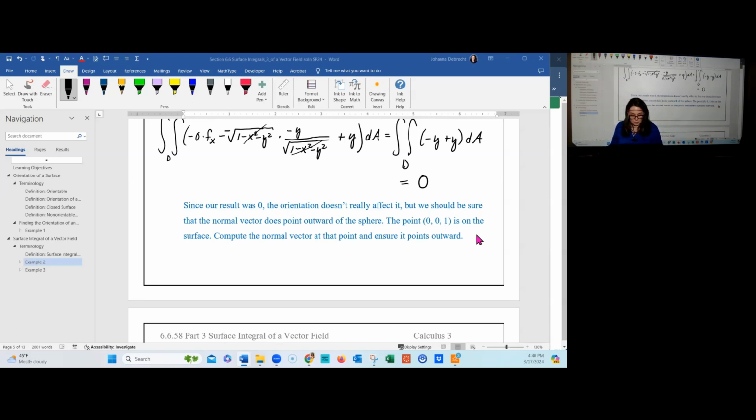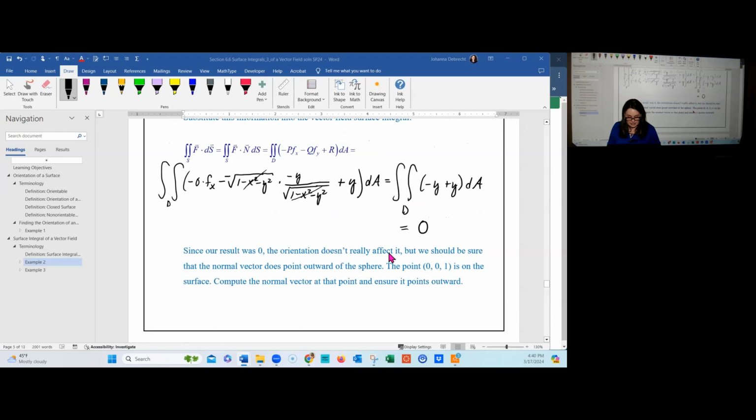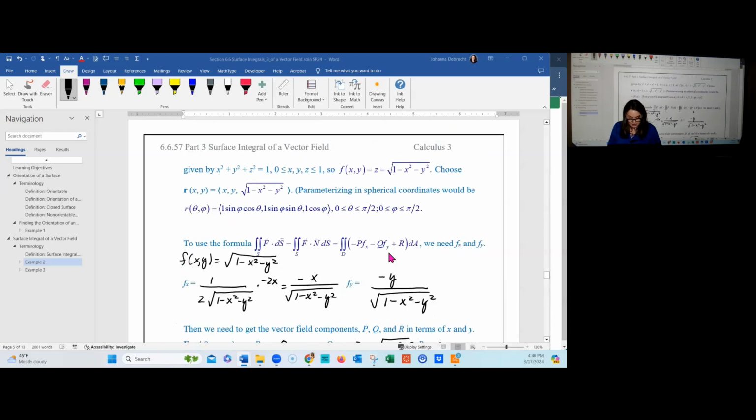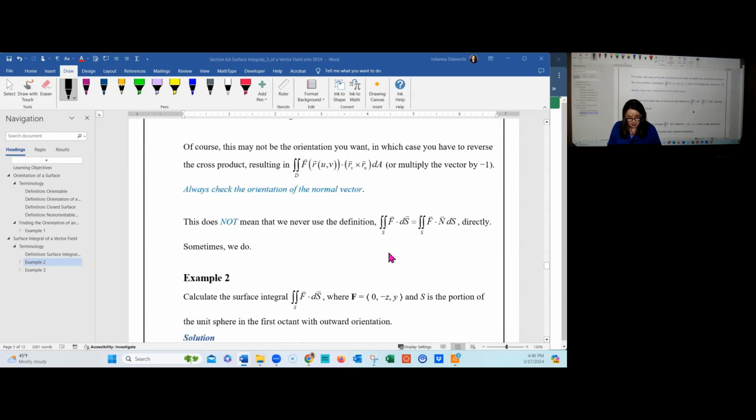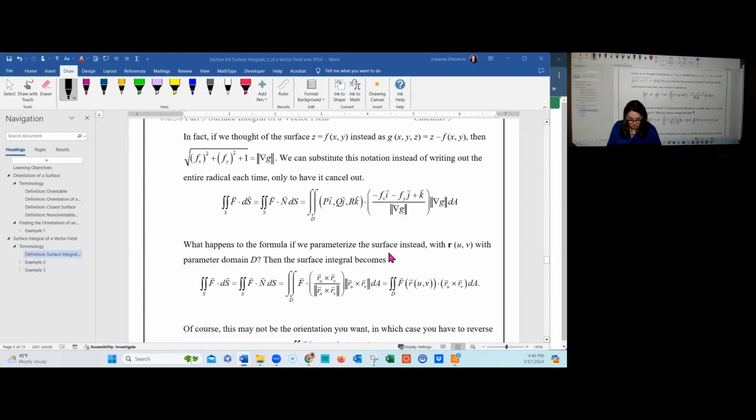Do you remember what the normal vector in this case turned out to be? The normal vector, again, is given by the representation that you see here. This is the normal vector that's in the numerator. It's not the unit normal unless you divide by its magnitude, but it is the normal vector.